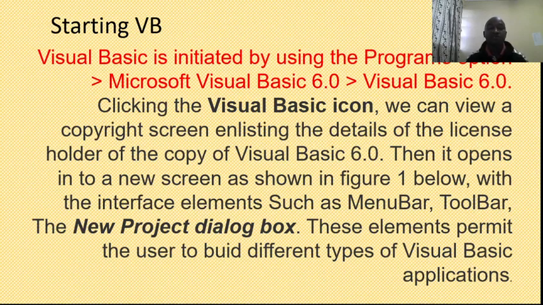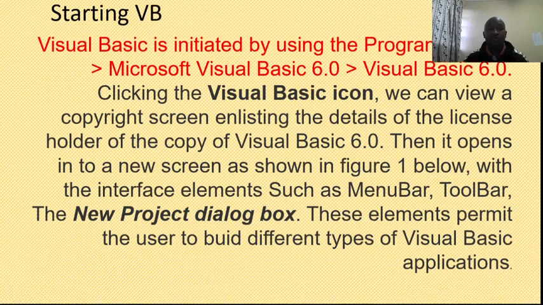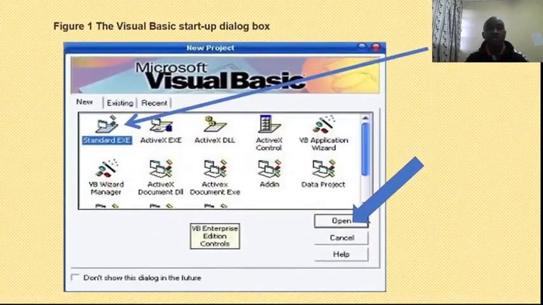When you just click the Visual Basic icon, you expect to launch VB. When you launch VB, you will see this figure 1, that this is the Visual Basic Startup dialog box, and we usually click on Standard EXE, then we click on Open. Basically, you just click on this button here, then this icon, then you click on Open.